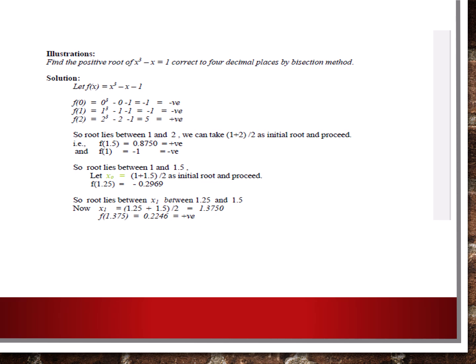Next, find the root of the problems. Find the positive root of x cube minus x equal to 1, correct to 4 decimal places by using the bisection method. Solution: let f of x equal to x cube minus x minus 1.